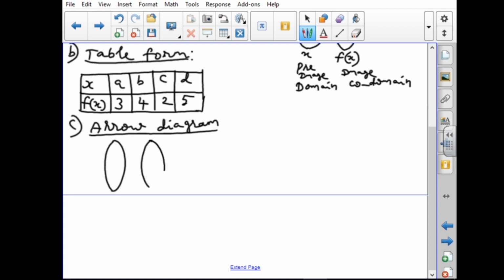They have given two sets of elements, A and B. Function means we have to represent it. Here A, B, C, D, and here 1, 2, 3, 4, 5. A to 3, B to 4, C to 2, D to 5. For 1, there is no pre-image here, so we leave it as it is. So this is called an arrow diagram.